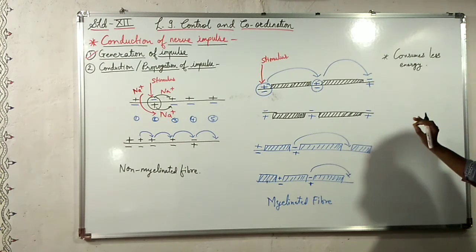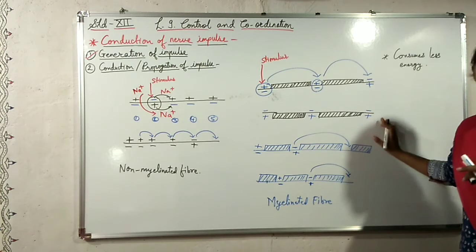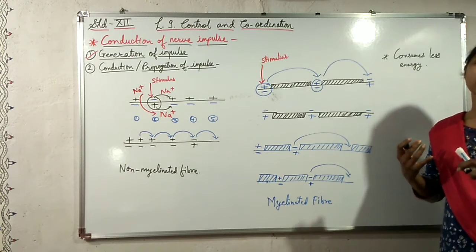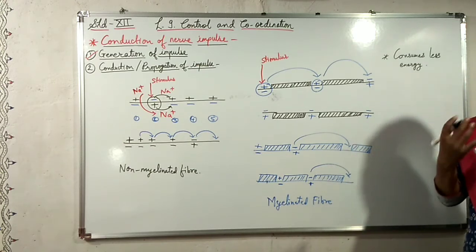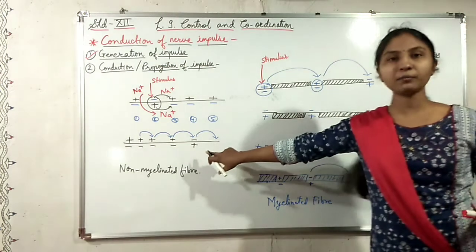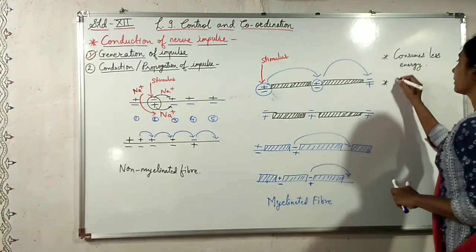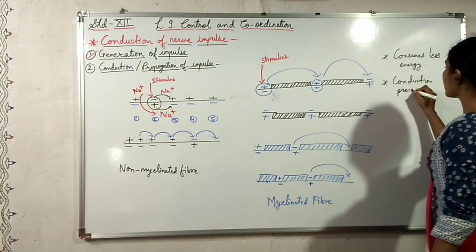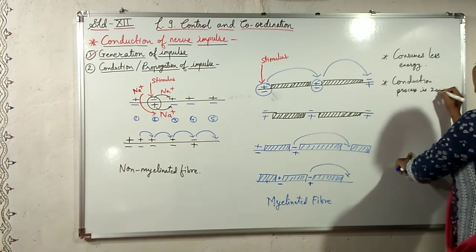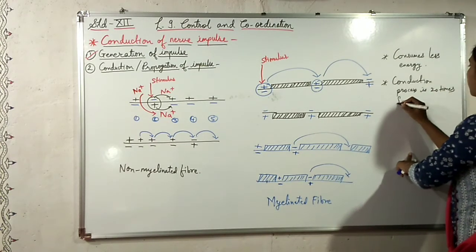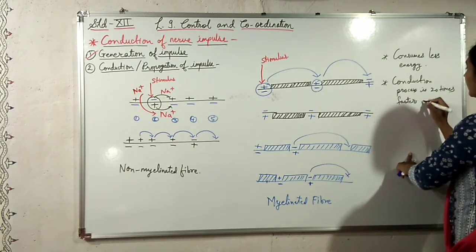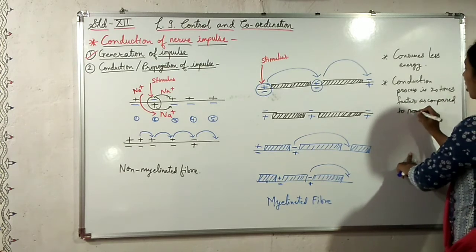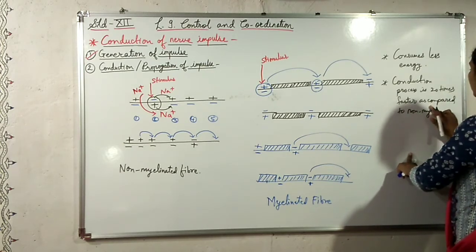The next point is that in myelinated fibers, the conduction happens 20 times faster than in the non-myelinated fibers. So here the conduction process is 20 times faster as compared to non-myelinated fibers.